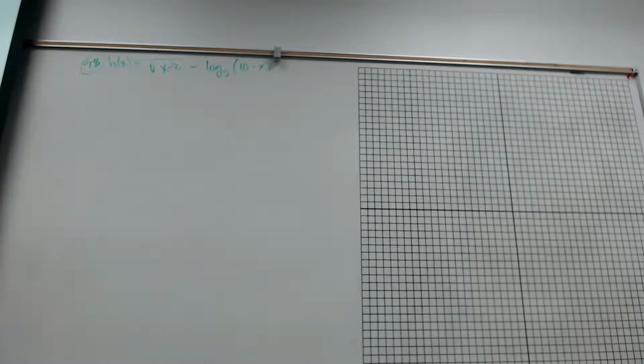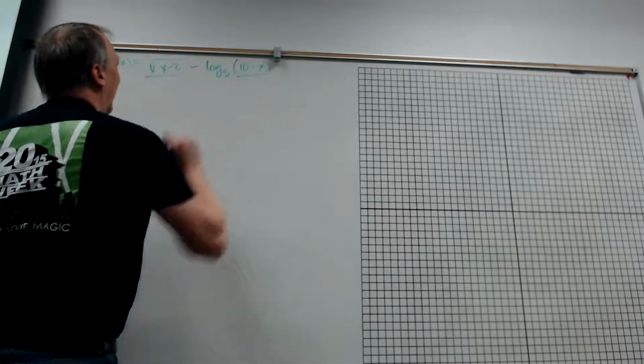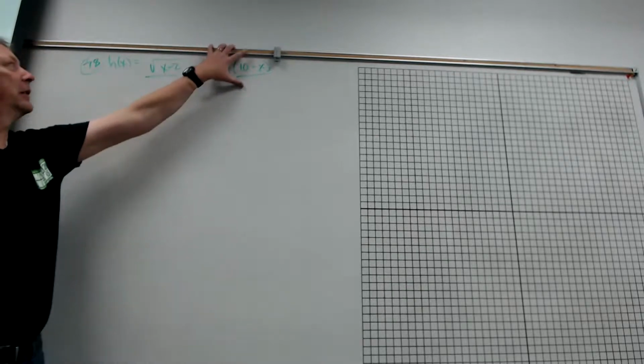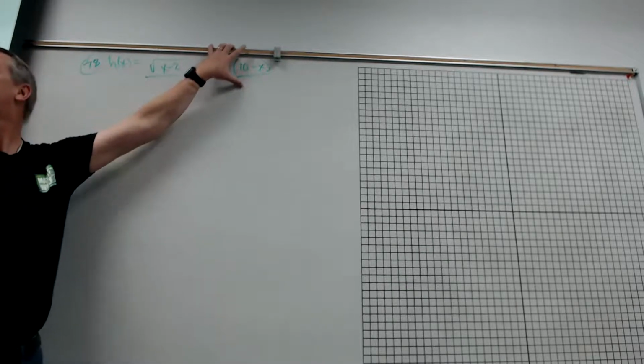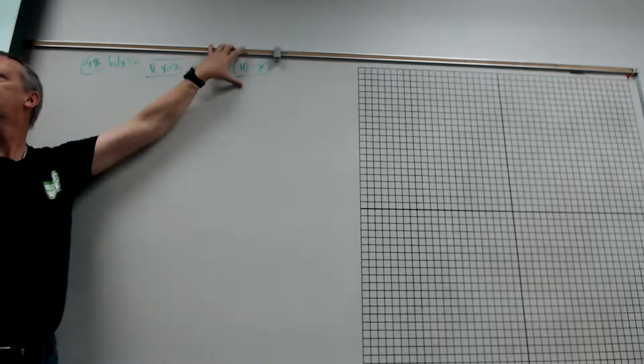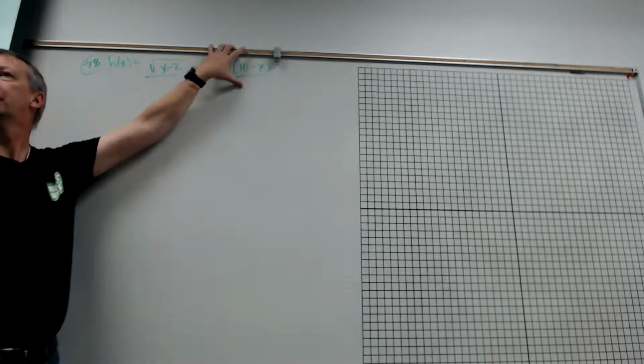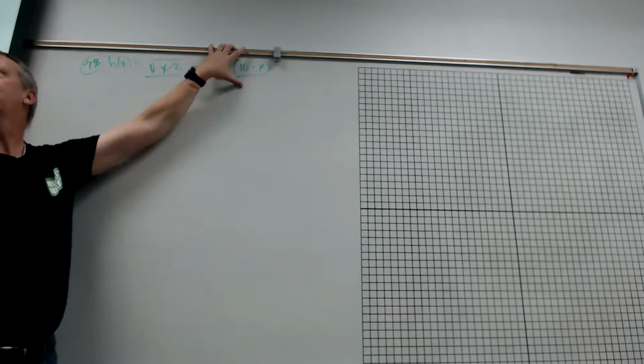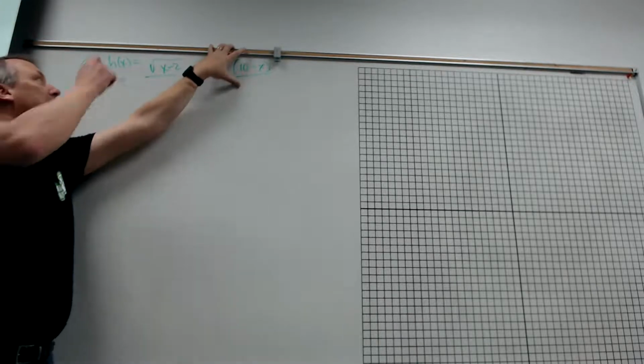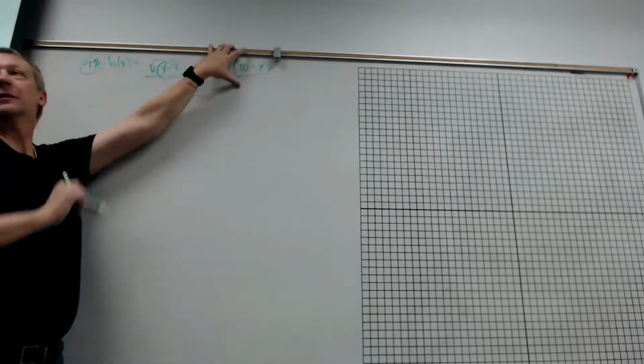Okay, let's break this up into pieces, okay? We've got that piece and we've got that piece. So if we ignore this for a minute, what's your domain here? I don't care about the square root, right? I can make it the square root of anything. It's only what's inside the square root that matters.